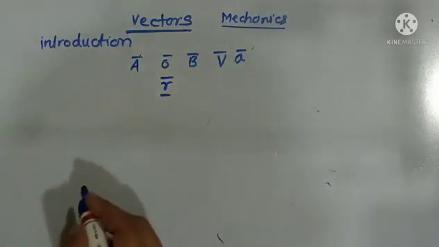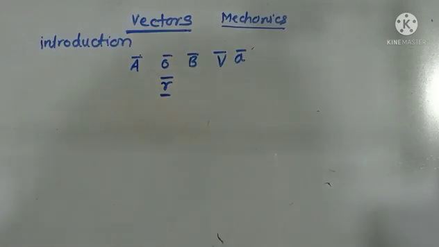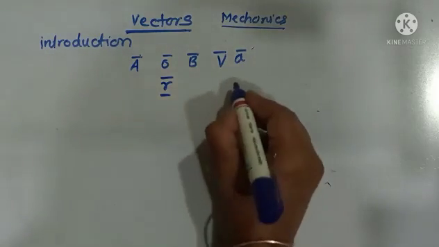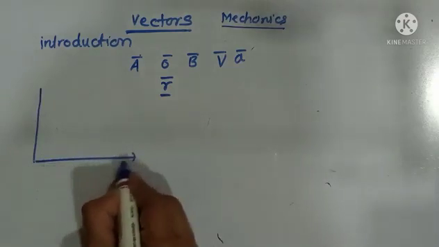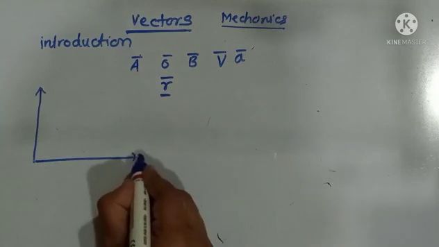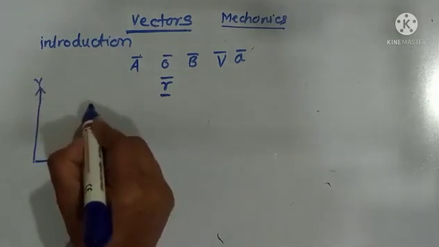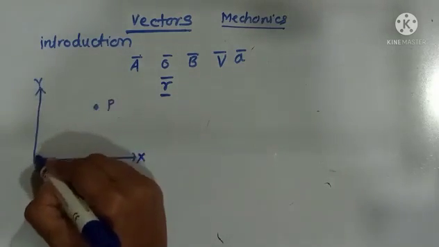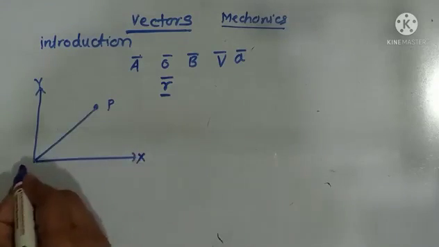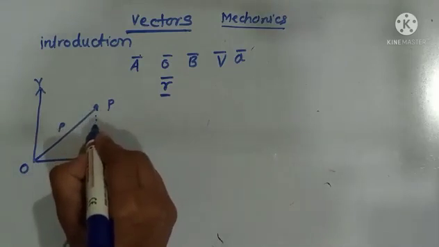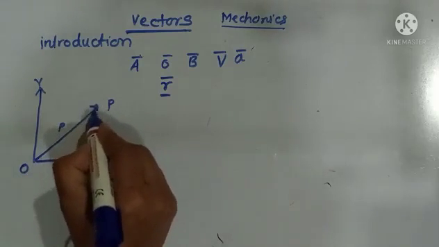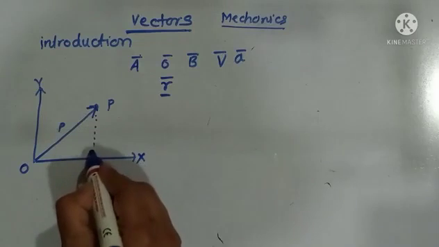Let's see how these vectors can be resolved. You have already used the resolution of vectors in a previous year, like 12th standard. Suppose I have a two-dimensional Cartesian coordinate system with x and y axes. Suppose there is a point P, and O is the origin. Let P be the magnitude of this vector, shown by the arrow.